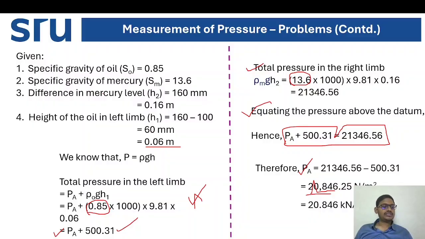When velocity increases, pressure decreases. According to Bernoulli's equation, P plus half rho V square plus rho GH. That is what we are using here.